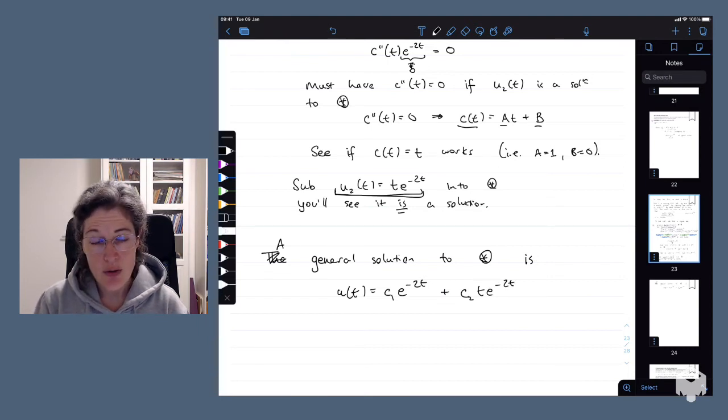And that gives us a general solution which we can use to find a specific solution for any initial conditions. Pretty cunning.